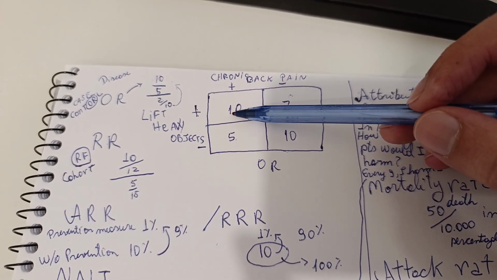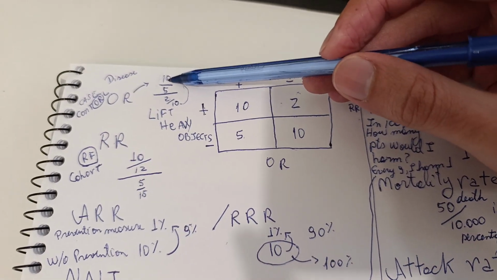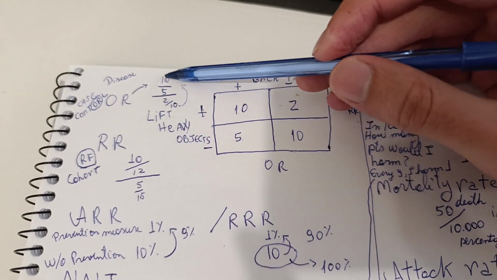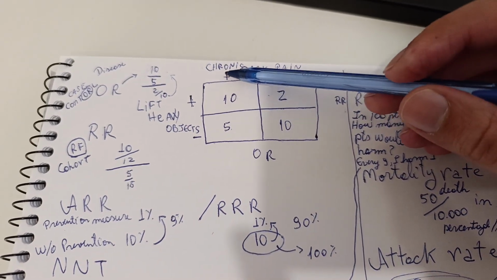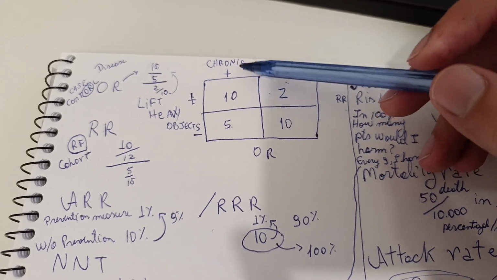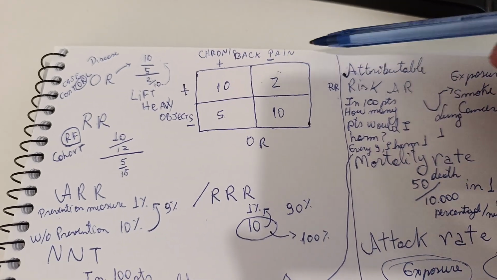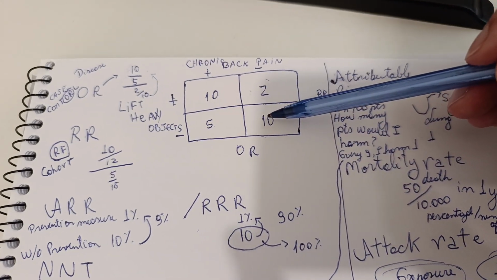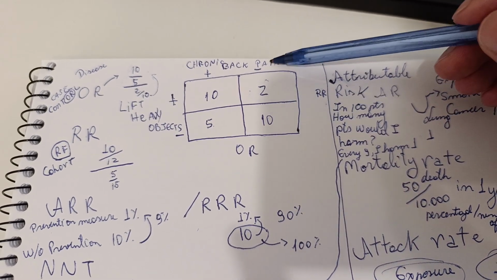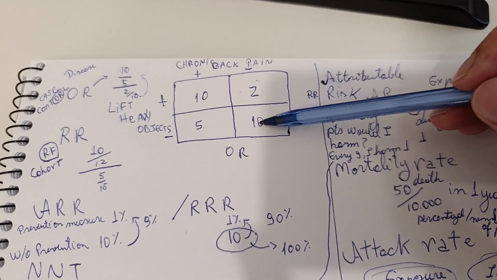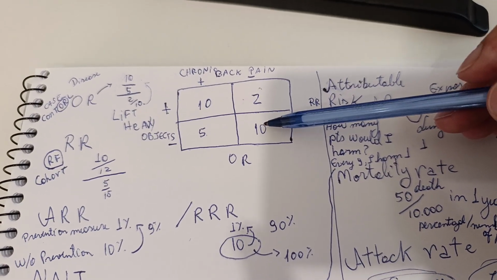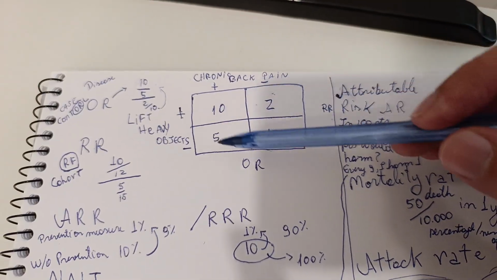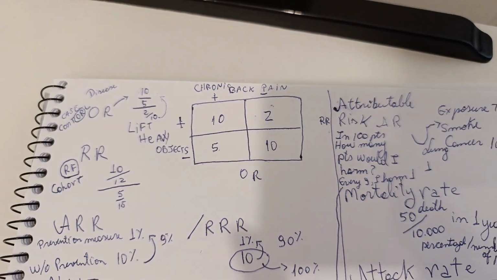So the more you lift, the more you have chronic back pain, and the more you increase the numerator. So we start with the disease. All that matters. And if we have a relationship that when you don't lift heavy objects, you don't have the pain, and it's clearly linked, because if you don't do that, you won't have. So this is a beautiful number that comes from this table.